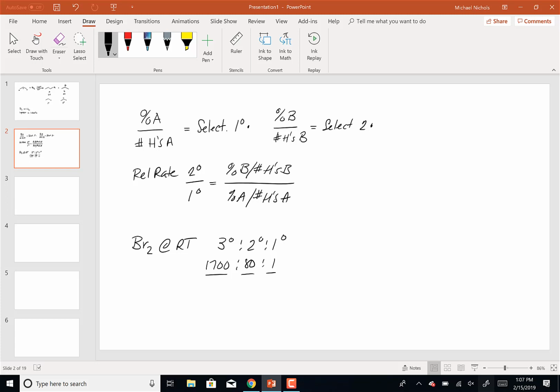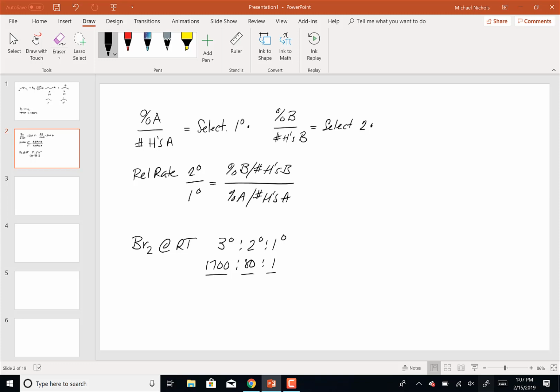So what does that mean? That means that in bromination, you form a tertiary radical 1700 times faster than a primary radical, and a secondary radical 80 times faster than a primary radical. Okay, using reactions, percentages, and these formulas. And these will vary by book, but usually not too much.